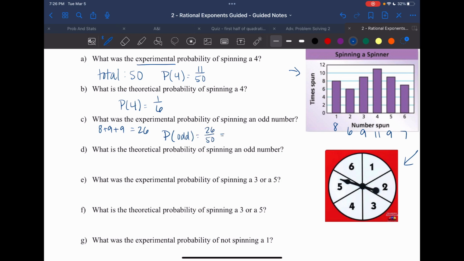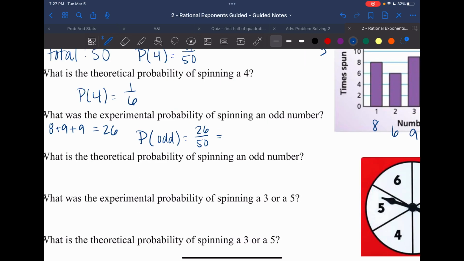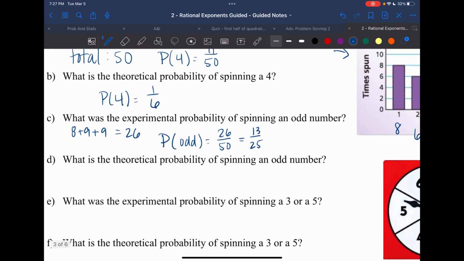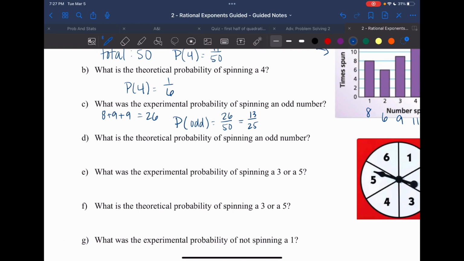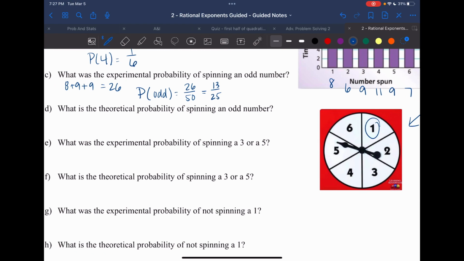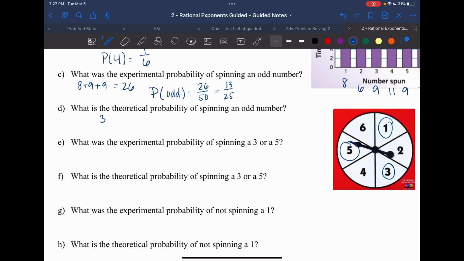But that value can be reduced. It would reduce to 13 over 25. What's the theoretical probability of spinning an odd number? Since we have a 1, a 3, and a 5, that's 3 spaces. So 3 out of our 6, which is equal to 1/2. And again, that's the probability of an odd.